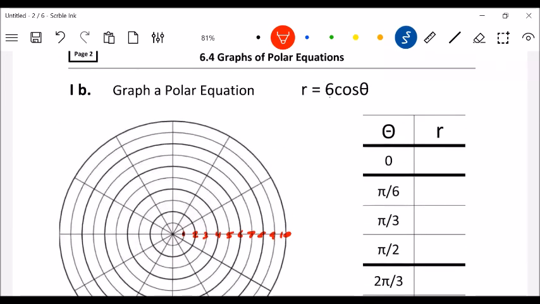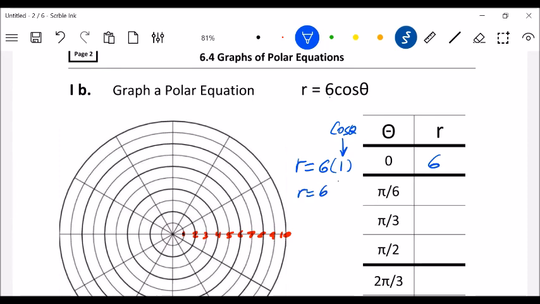So let's do r equals 6, and in each case, we're going to do the cosine of theta. So the cosine at the angle 0 is 1. So 6 times 1 is 6.